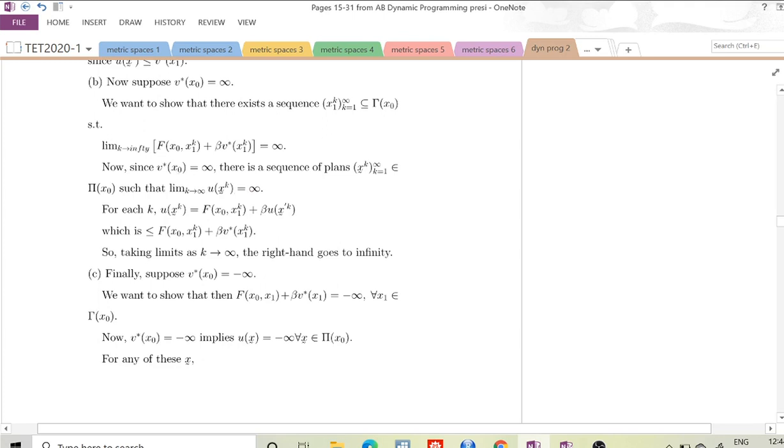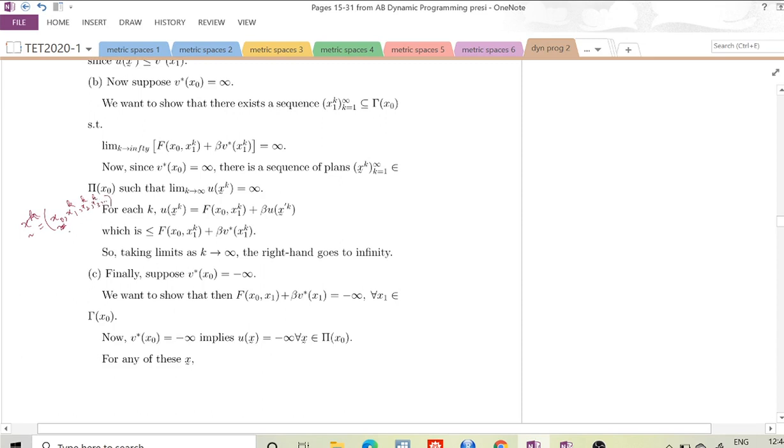But for any of these, you can unpack any of these for any plan k. So for each k and x tilde k being a complete plan that starts with x naught, goes to x1k, x2k, x3k, and so forth.